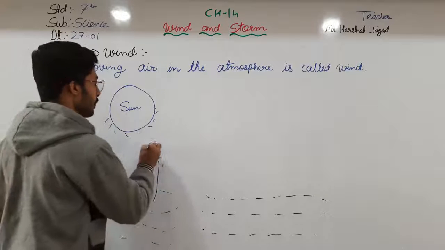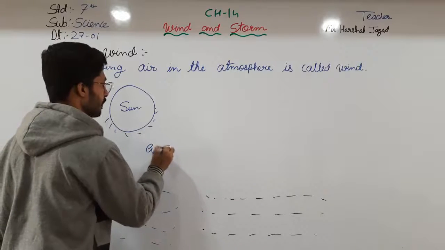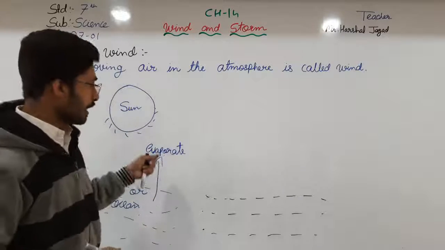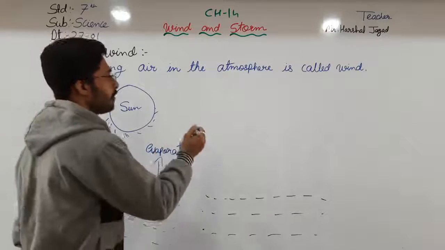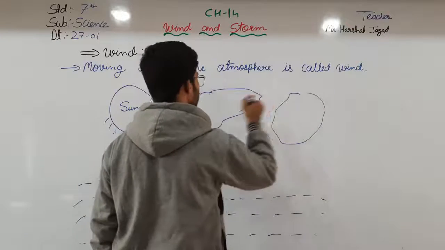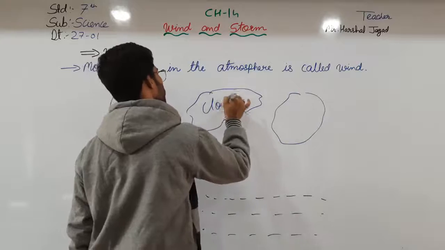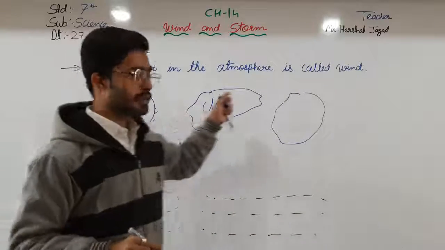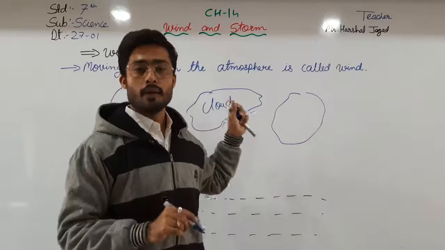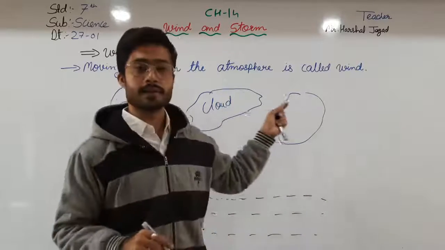Then this evaporated water will form a cloud. And this will travel towards the land. Why? Because of high pressure and low pressure, it will travel towards the land.